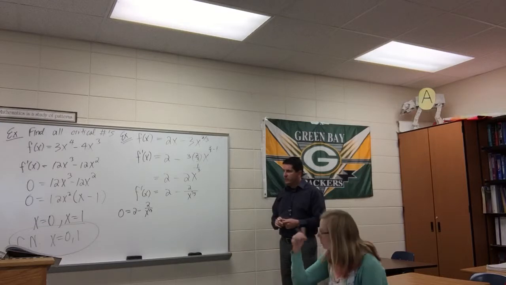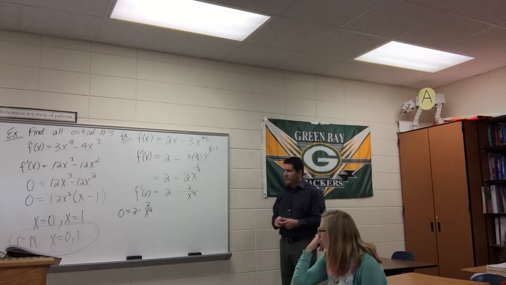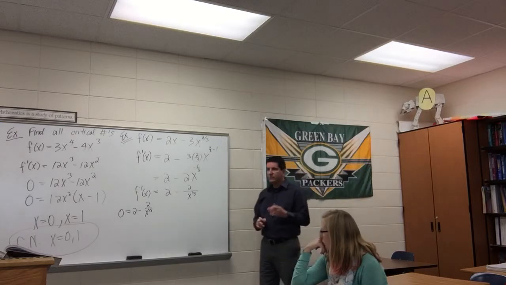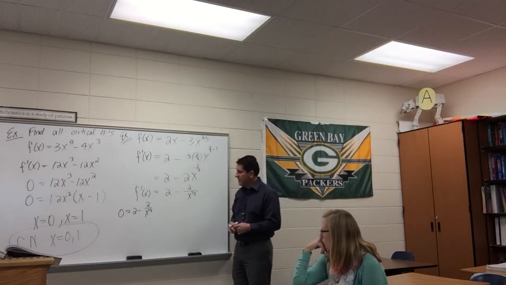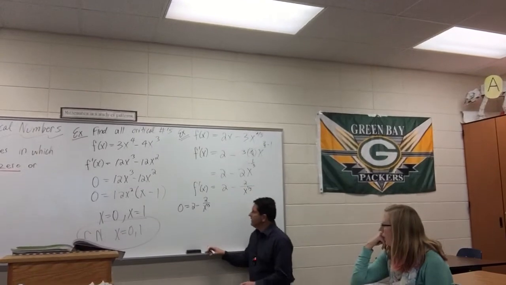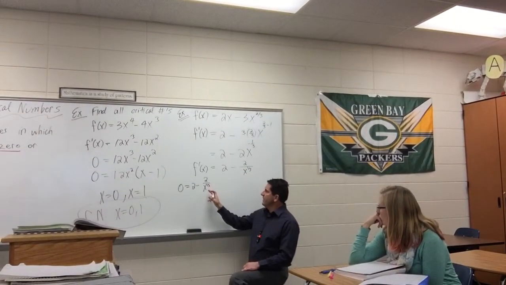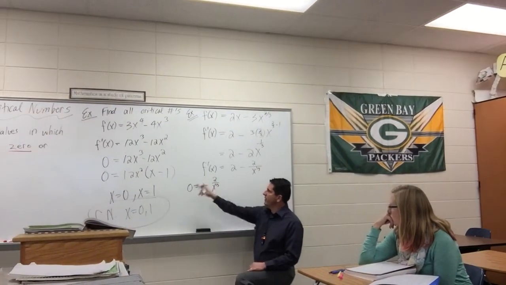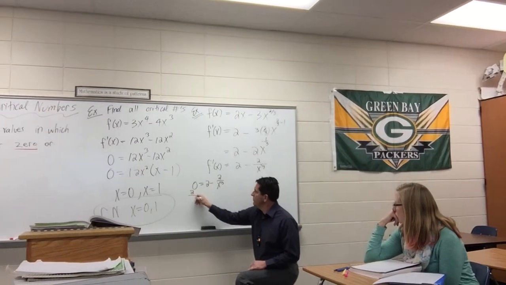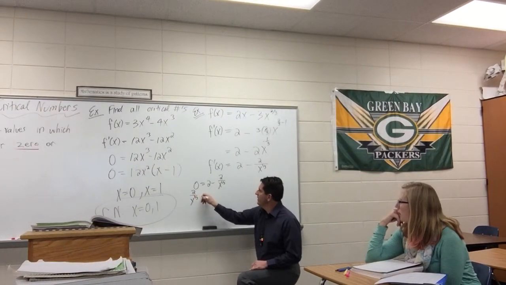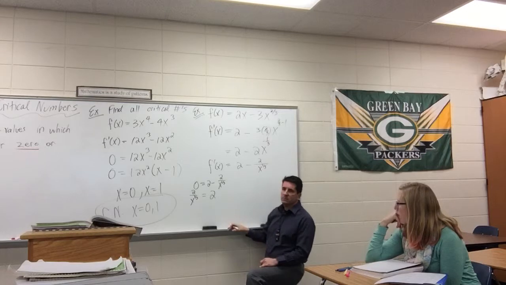Is it ever possible that 0 is equal to 2 minus 2 over x to the 1/3 for some x value? x equals 1 works. Okay? Now, here's how to solve it algebraically. I'm going to just put this term over on the left side. So it's 2 over x to the 1/3 is equal to 2.